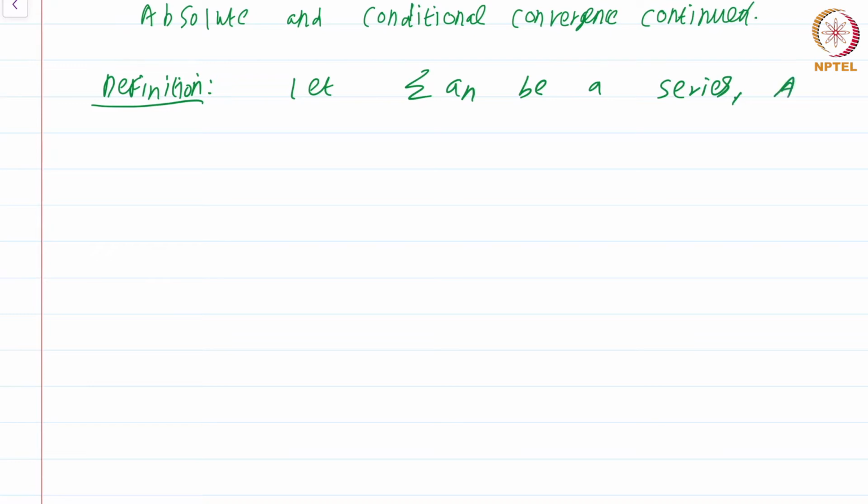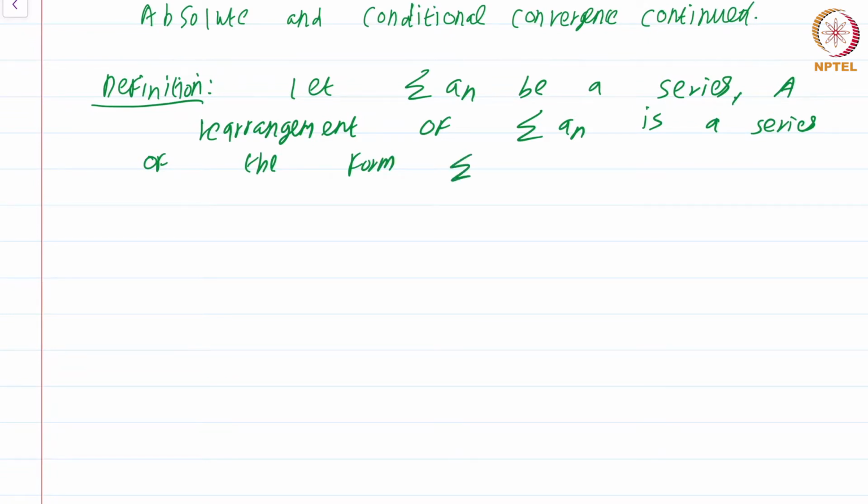A rearrangement of summation a_n is a series of the form summation a_{sigma(n)}, where sigma from the natural numbers to itself is a bijection. So this is capturing in a very rigorous way what it means to permute the elements of a series, or rearrange the elements of a series.